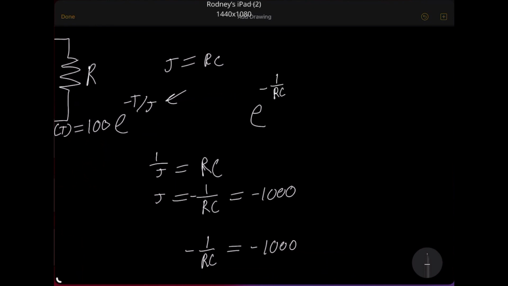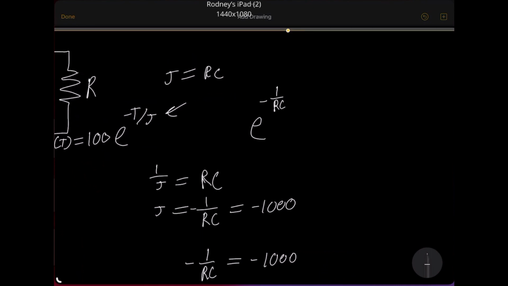What the problems like to do is put tau, and tau ends up being equal to RC, which, if you were to pull out the tau, it would be 1 over tau times t negative.